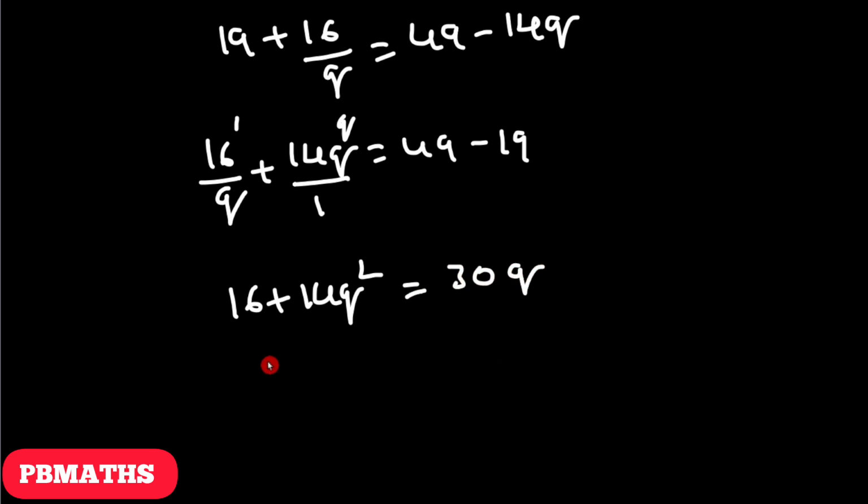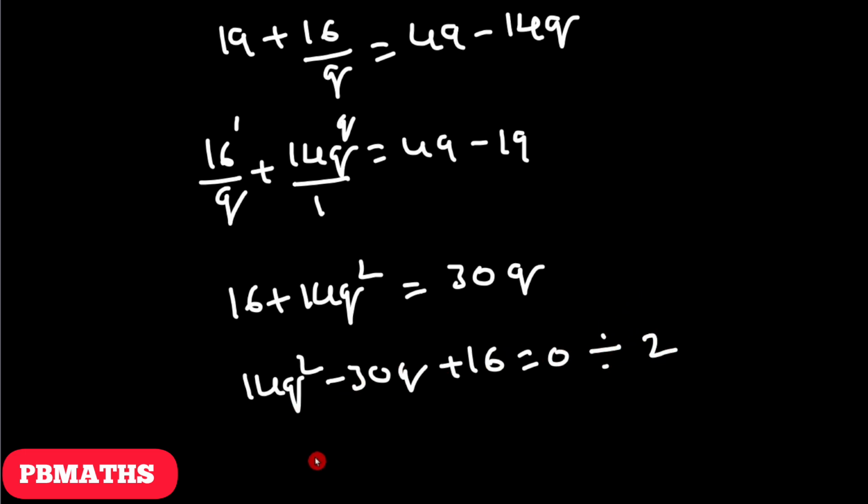Then by shifting, we get 14q square minus 30q plus 16 equals 0. Let's divide this whole equation by 2. Then we have 7q square minus 15q plus 8 equals 0.